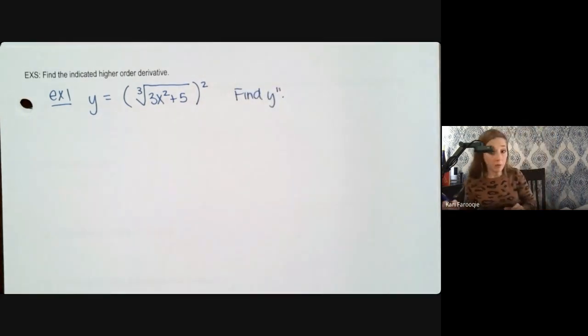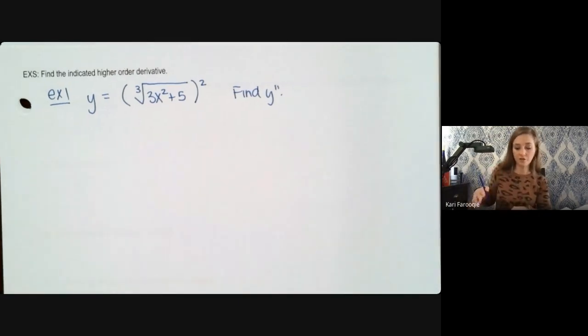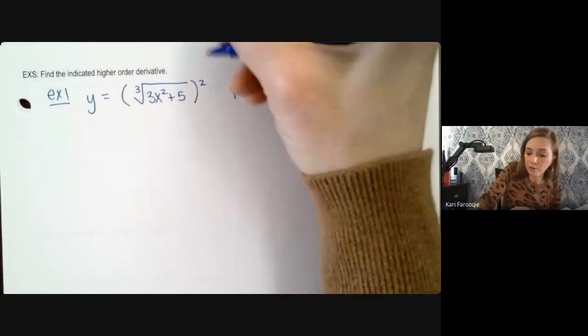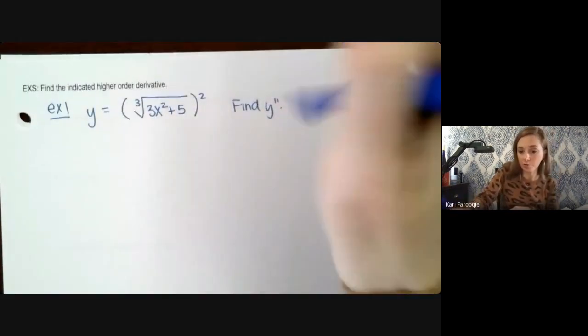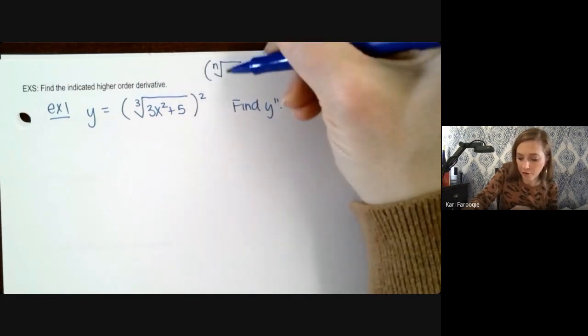Okay, so we can't find y double prime without first finding y prime. So first things first, we're going to find the derivative, and then we'll take its derivative to get to y double prime. Now, in order to do that, you have to remember, I know I've listed this property so many times, but it's important, and sometimes we forget what it means.